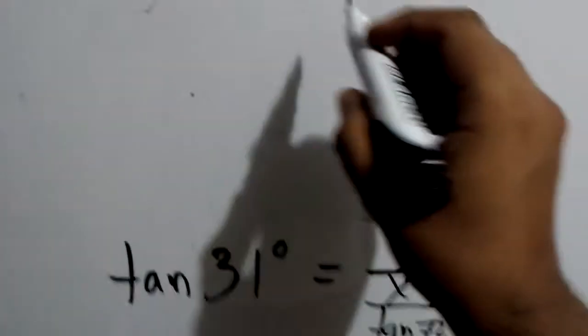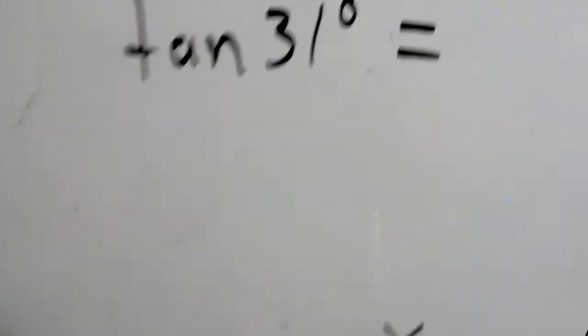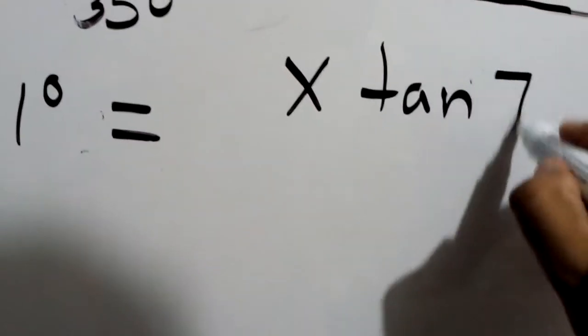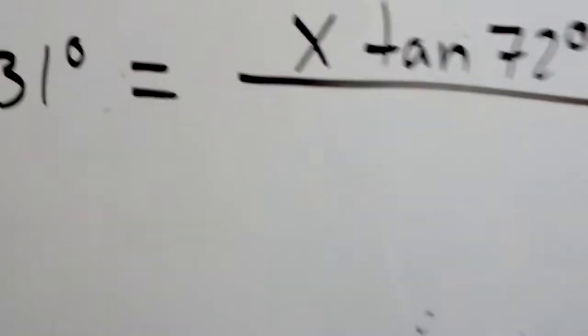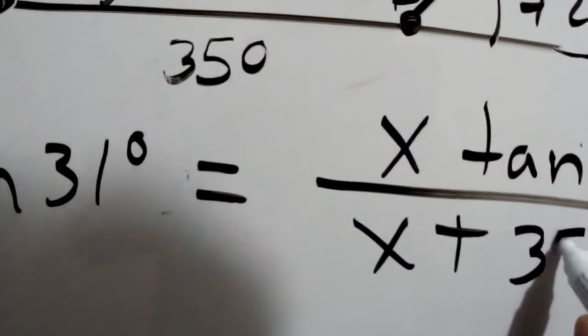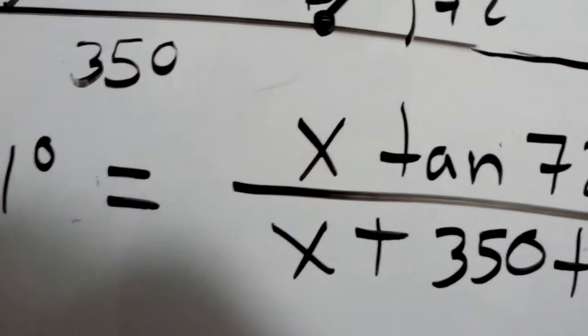So we're dealing with this equation: tangent of 31 degrees equal to x tangent of 72 degrees over x plus 350 tangent of 72 degrees.